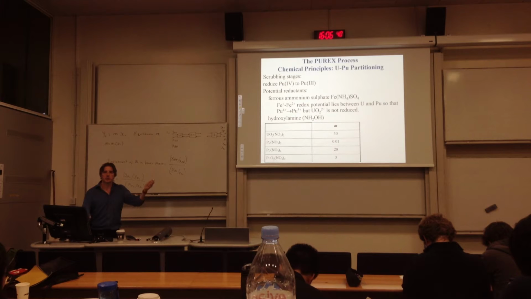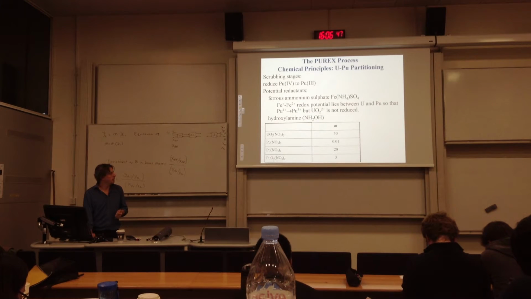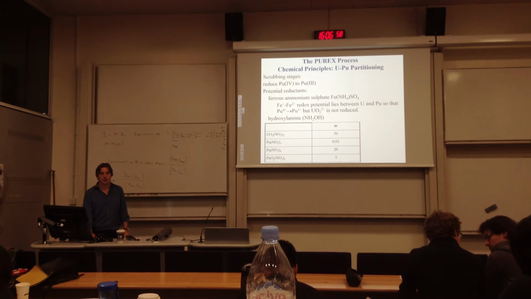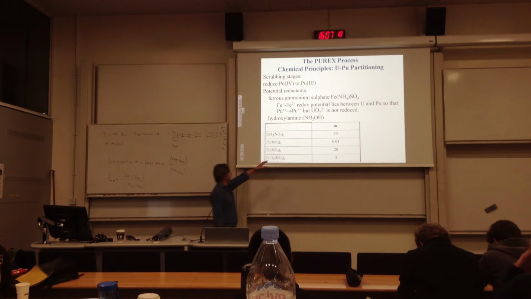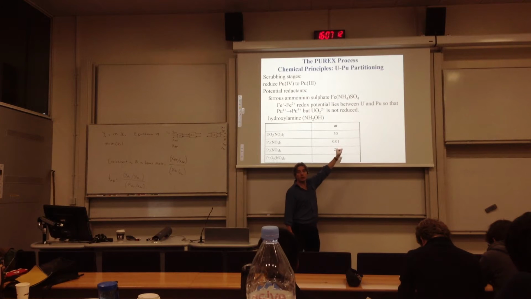How about the acidity? What do we want to have here? A low or a high pH in the aqueous phase? So where do we want uranium to be? The kerosene phase, right? Because this shows that we are extracting plutonium into the aqueous phase.